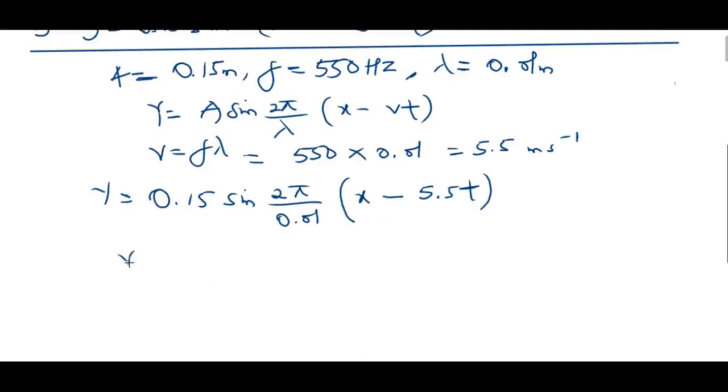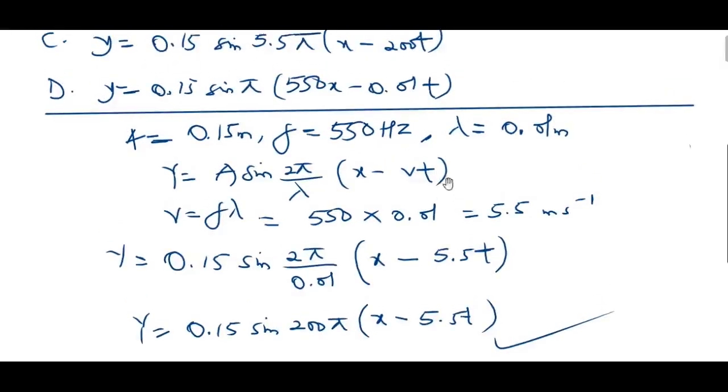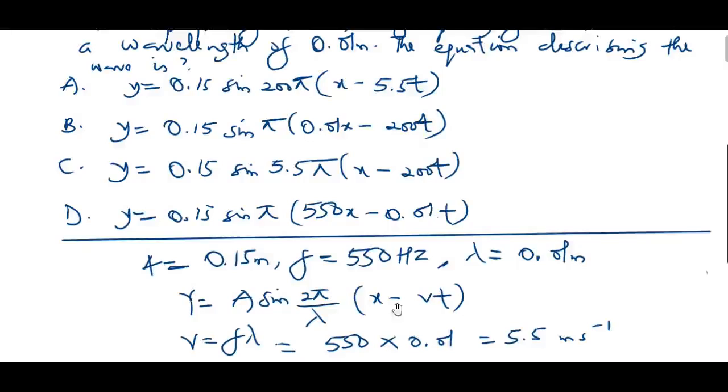So we have y equals 0.15 sine 2 divided by 0.01 will give us 200. That's 200 pi into x minus 5.5t. So this is the equation of the wave that is required. Let's go through our options and see. So looking at these options, we can see that option A is the correct answer.